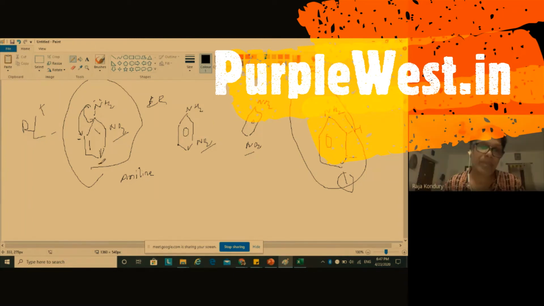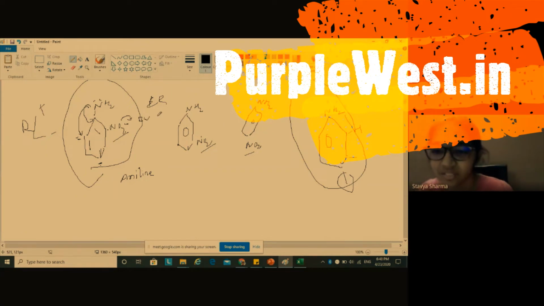And where is the next electron richness? Near NO2. So it's basically the ortho position and para position. Getting the point now? Now, what is the nature of NO2 originally, wherever it is present? Electron withdrawing group.